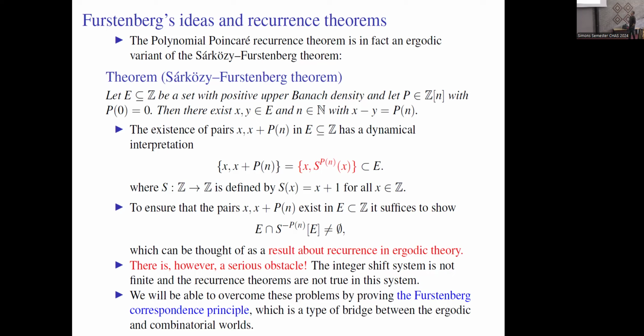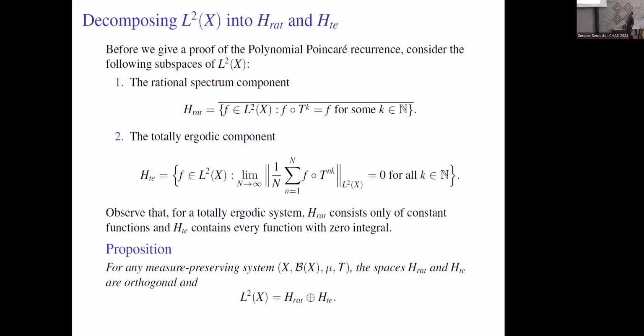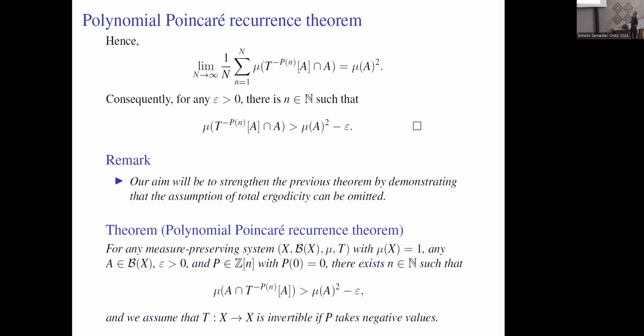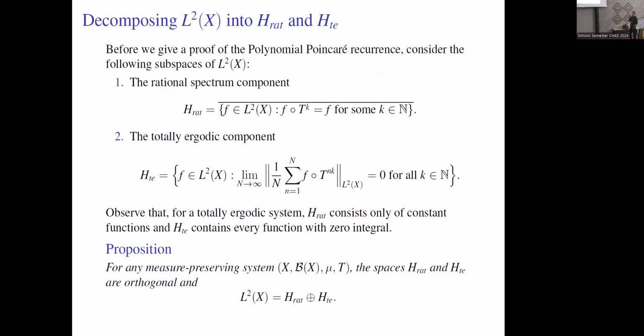So that's Furstenberg, and this kind of result can be derived from this ergodic setting once we have this type of recurrence theorems. And so here we deduce this. So we know that this result, as I mentioned yesterday, holds for totally ergodic systems. So the strategy now is to build two spaces.